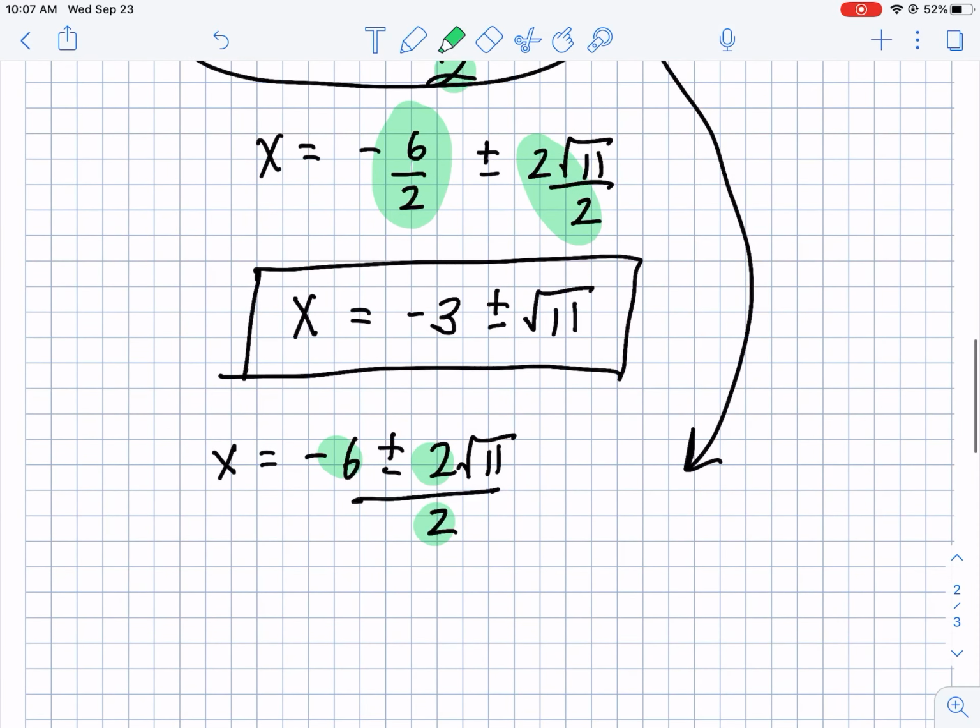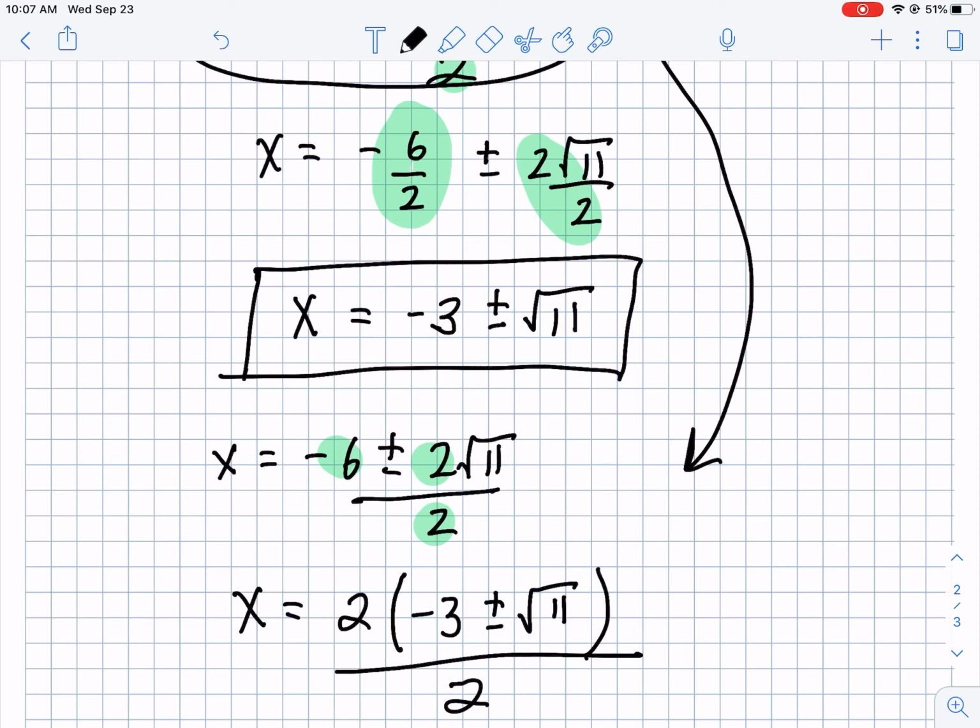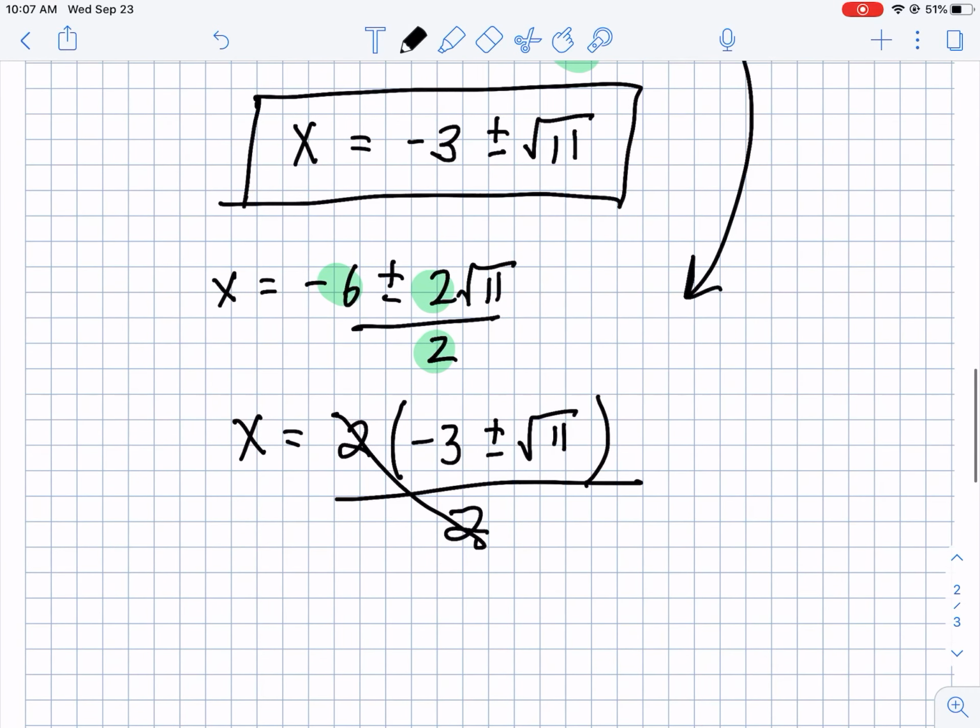So what I can do is factor out a 2. So I can say this is really the same as 2 times the quantity negative 3 plus or minus the square root of 11, over 2. In which case I can cancel those. 2 divided by 2 is 1, and get the exact same answer, negative 3 plus or minus the square root of 11.